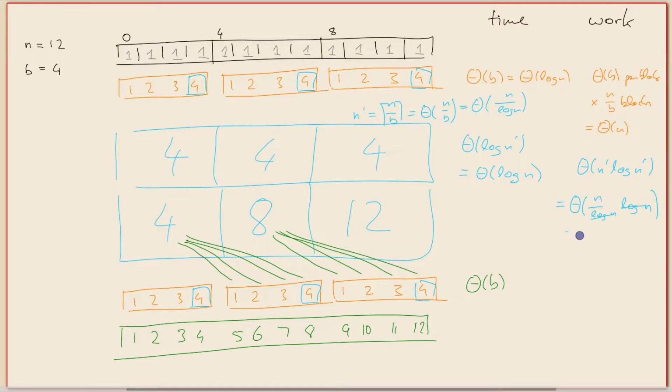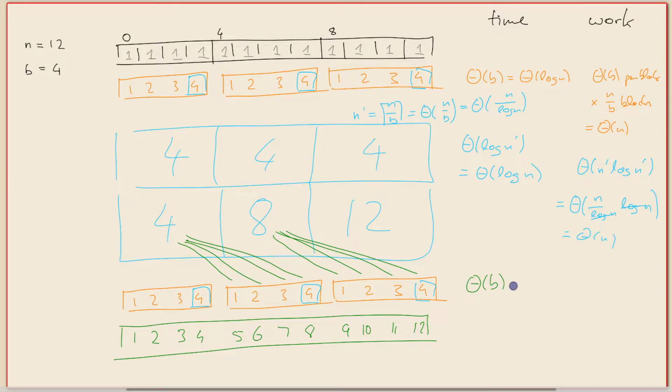So that cancels and becomes also theta of n. So we've reduced the work by making the problem a little smaller. We reduced it by a log factor. And that was enough to bring the work to linear.